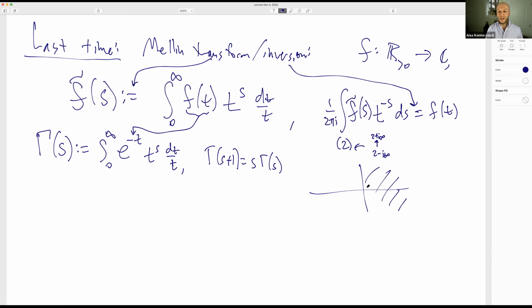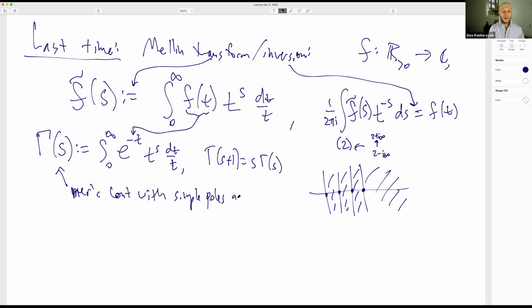Originally we're only defining this on a half plane, but we piece by piece analytically continued it back, getting a meromorphic continuation with simple poles at s equals 0, -1, -2, -3, and so on.